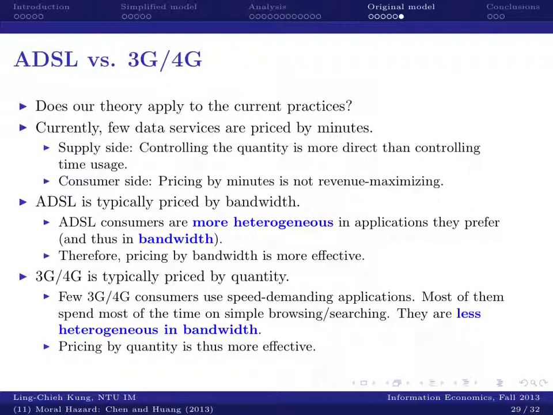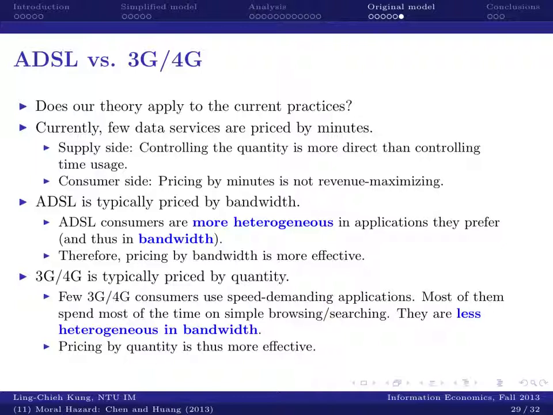On the other hand, 3G, 4G is typically priced by quantity. Why? Because nowadays, very few consumers are using speed demanding applications on 3G or 4G networks. Most of the time, when you use your smartphone, you are doing text messaging, Line, or Facebook or whatever.